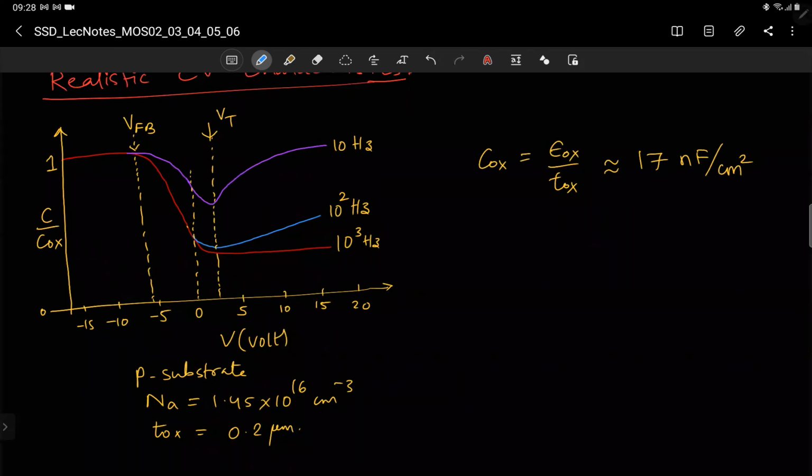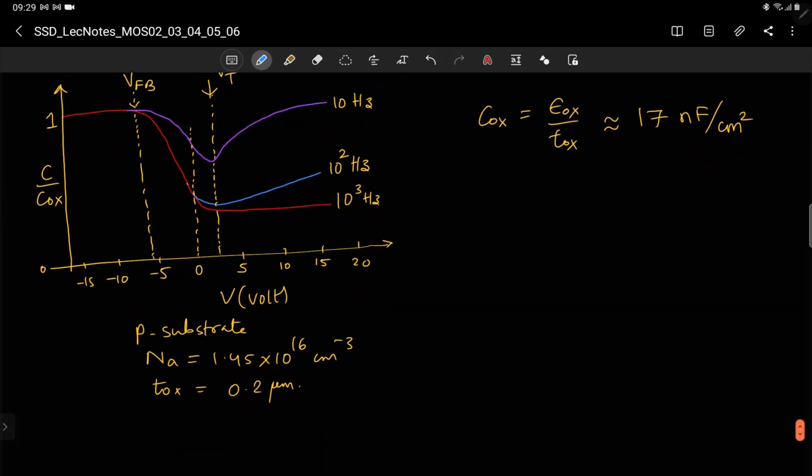For the latest technologies, you will have less than 10 nanometer oxide thickness, so it will be 10-20 times smaller than this value. But in general, you can say that it will be in the order of nanofarads. Nanofarad per centimeter square is the order of capacitance we talk about in the MOS capacitor.